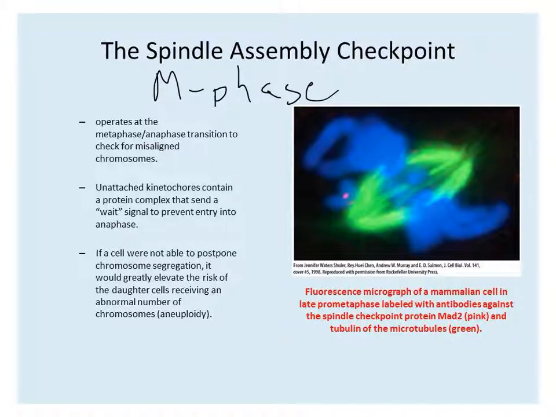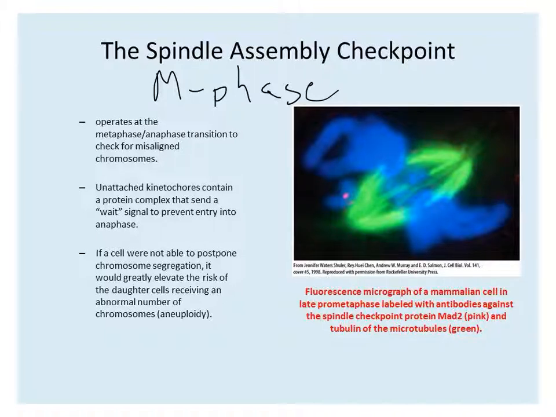So what happens is chromosomes with unattached kinetochores, essentially chromosomes that do not have their microtubules properly attached to one side, so improper attachment or alignment, meaning that the chromosomes are not truly aligned in the middle, these chromosomes will send a wait signal. And this wait signal is basically by production of a certain complex called the MCC complex.